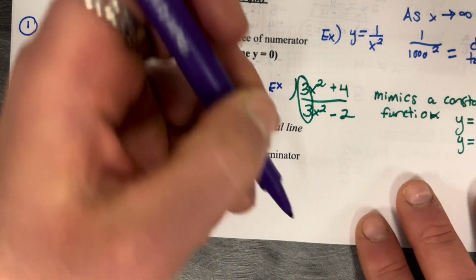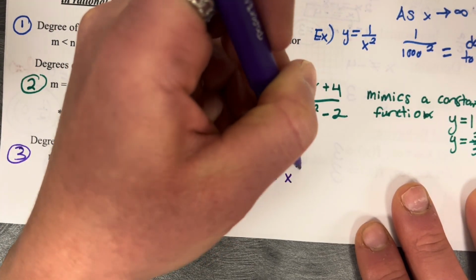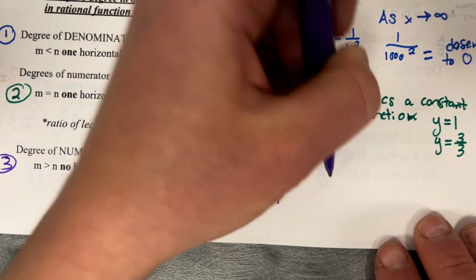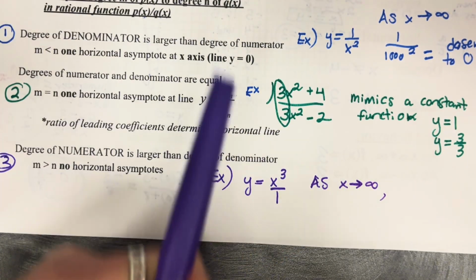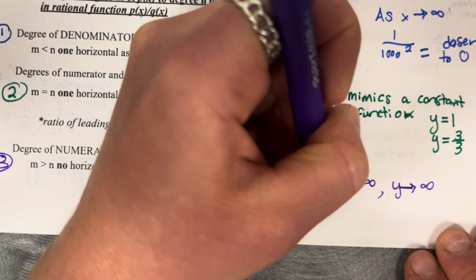So an example of this could be x cubed over 1, right? So as x goes to infinity, it's just going to get larger and larger. There's no upper limit, so there's no horizontal asymptote.